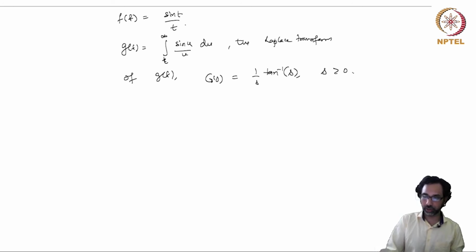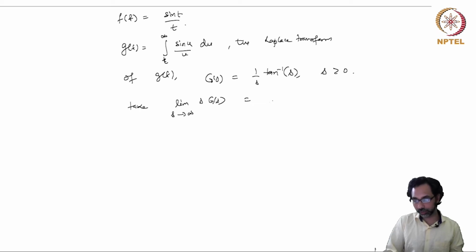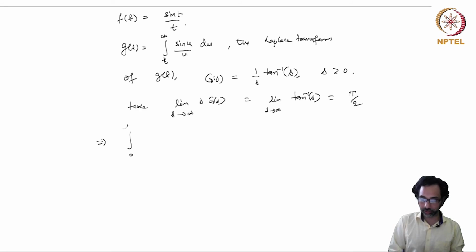This is valid for s positive, and so if we take the limit as s tends to infinity of sG(s), this is nothing but the limit as s goes to infinity of tan inverse of s, and we know that this is pi by 2. So we see another proof that the sine integral, when evaluated from 0 to infinity, has value pi by 2.